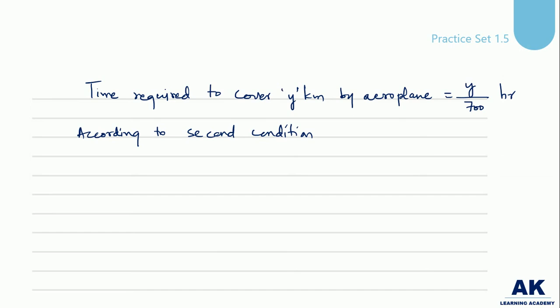According to the second condition, we shall travel some distance by bus and some by aeroplane. The bus travels with an average speed of 60 kilometer per hour. Therefore the time required to cover x kilometer is x upon 60, right? And the time required to cover y kilometer is y upon 700, which is equal to 5 hours in total.